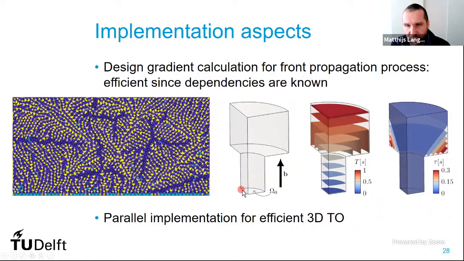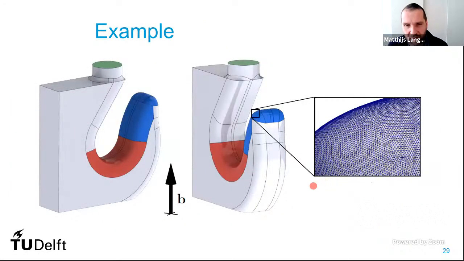Next to that, we have worked on coming up with an efficient parallel implementation to do this in 3D, which was not entirely straightforward for a front propagation problem, at least not to us, but it worked out. And as you can see from this example, it can handle quite large scale problems. This is a test problem where we have this hook, so predefined surfaces, the blue and the red surfaces.